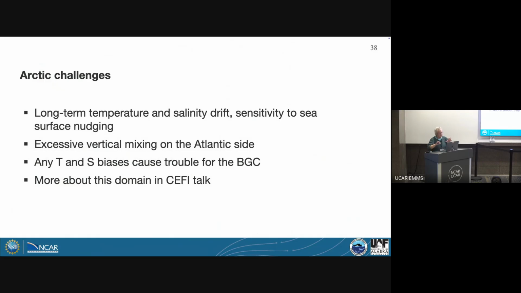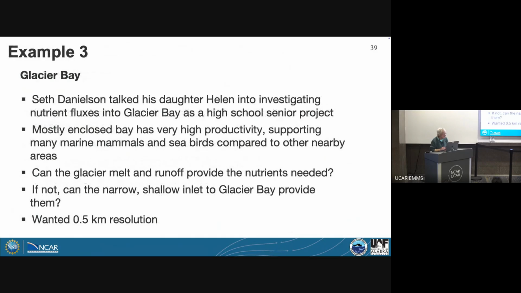It's just a climatology of the whole 3D domain at, say, monthly time resolution, and you do nudging toward that. That can help control the temperature salinity biases, which cause trouble for the biogeochemistry anytime you have physical biases. And again, you should hear about this domain tomorrow.